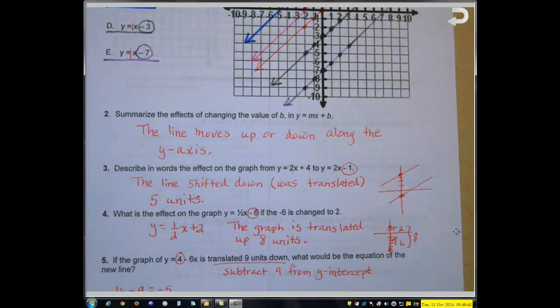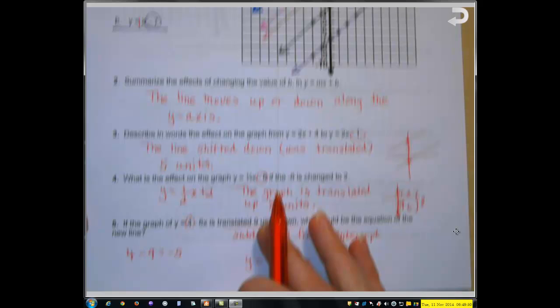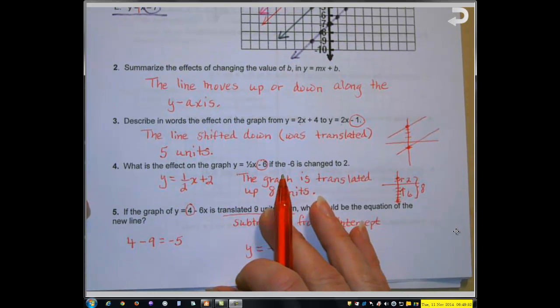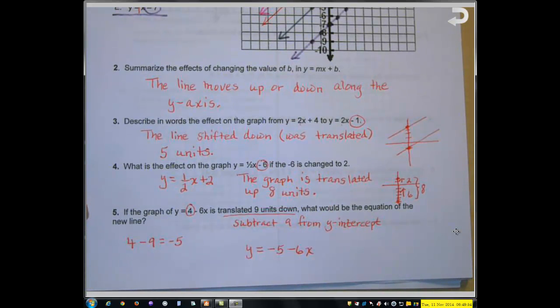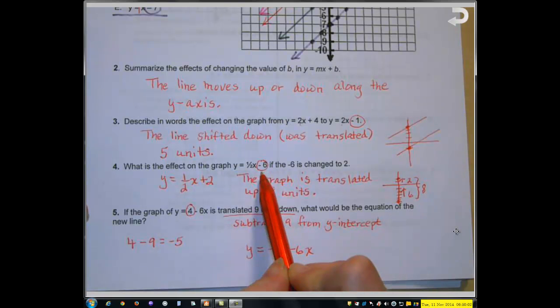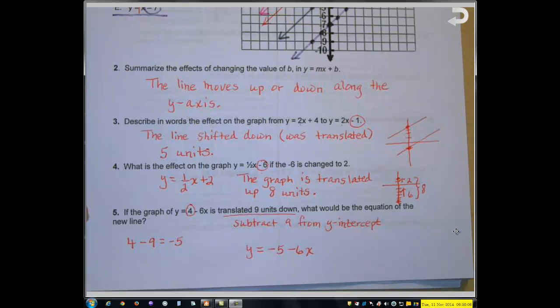Remember not to get tripped up by the y-intercept being first in the equation. The y-intercept is always the one without the x, regardless of whether it comes first or second in the equation, like right here. And I know that my paper was down below where you couldn't see it, so let me go over this again.